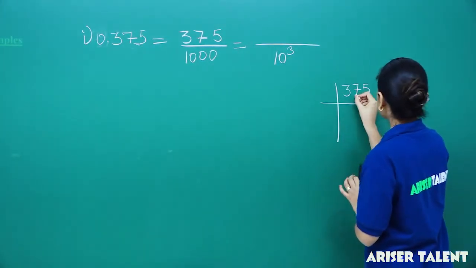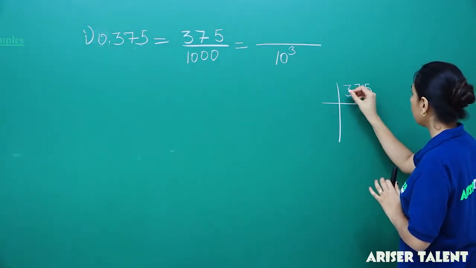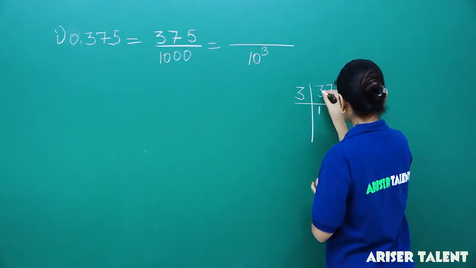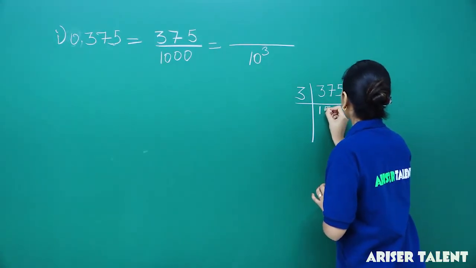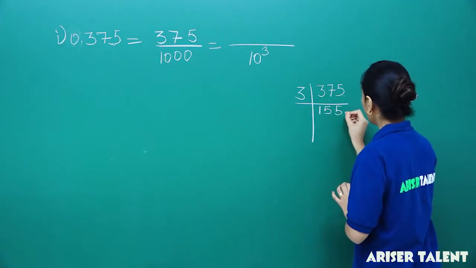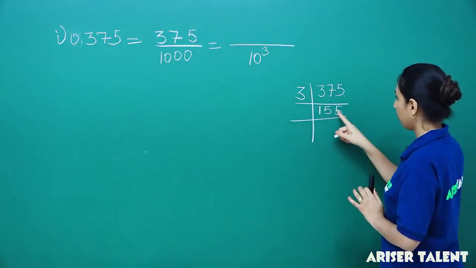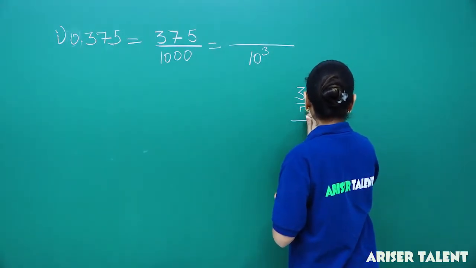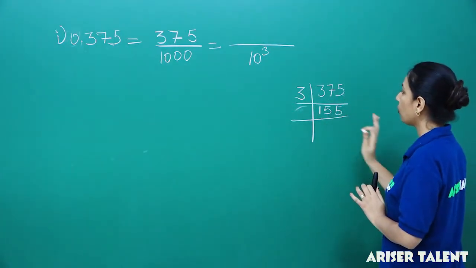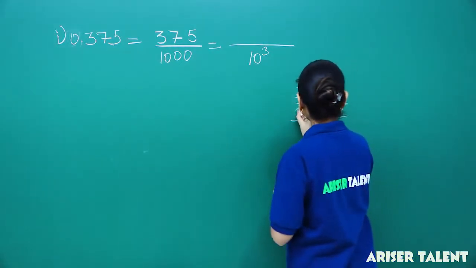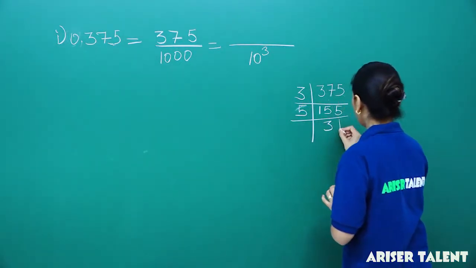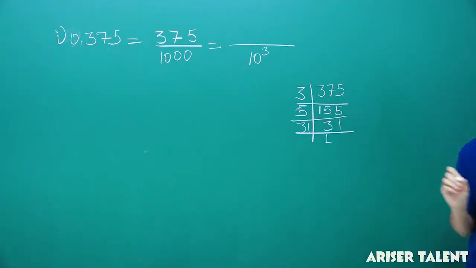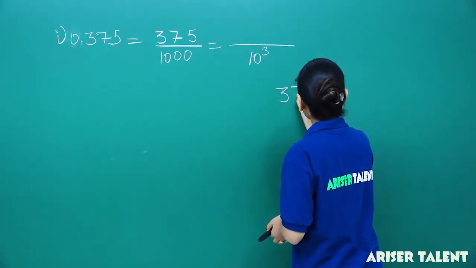I have told you about this: 3 plus 7 plus 5 is 15, so it is divisible by 3. 375 divided by 3 is 125. Then 125 is not divisible by 2 or 3, but it is divisible by 5: 5 times 25 is 125, and 5 times 5 is 25, then 5 times 1.